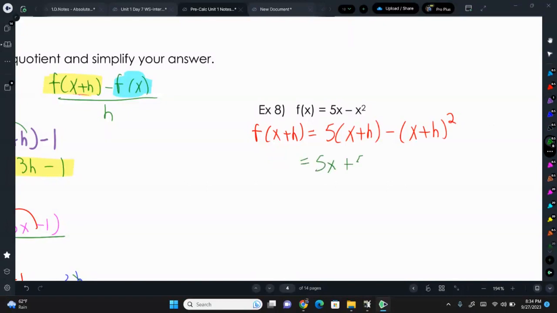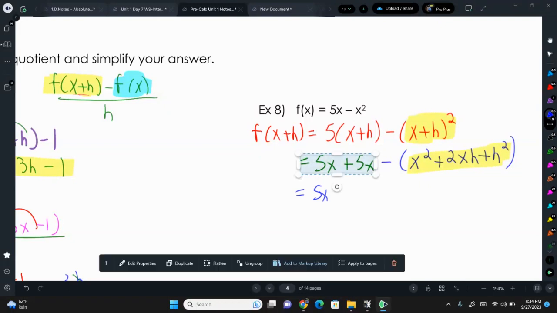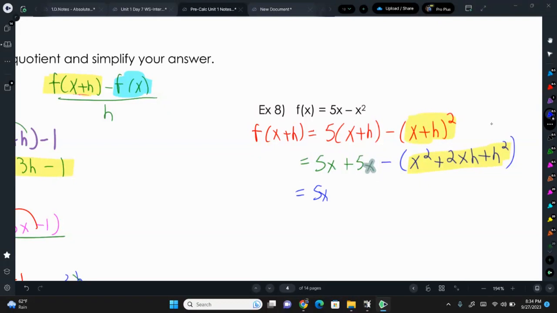So we have 5x plus 5h minus, and we can use our shortcut, x squared plus 2xh plus h squared. Now remember, this will expand to that. Then we distribute that negative sign. So 5x, I did it again, this should be an h. 5x plus 5h minus x squared minus 2xh minus h squared.